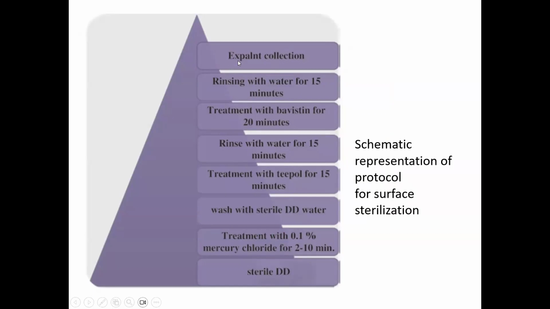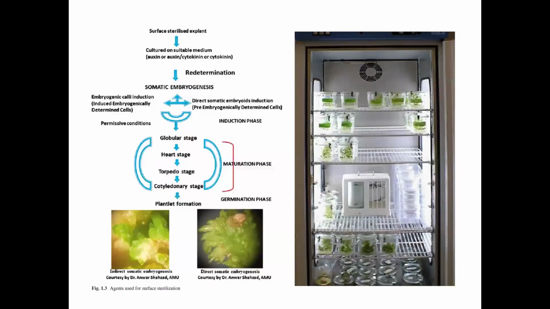First, you collect the explant, and then rinse with water for 15 minutes, treatment with Bavistin for 20 minutes, another sterilizing agent, rinse with water for 15 minutes, treatment with ethanol for 15 minutes. That means step by step, wash with sterile deionized water, treatment with 0.1% mercuric chloride for 10 to 20 minutes, sterile deionized water. This is only a generic one, but you can use other sterilizing agents also.